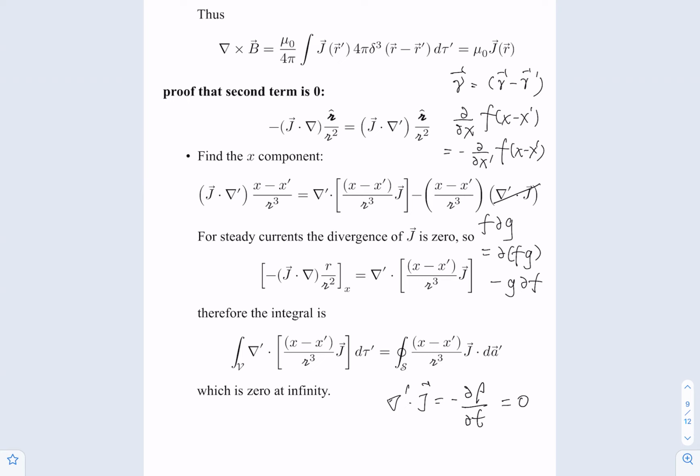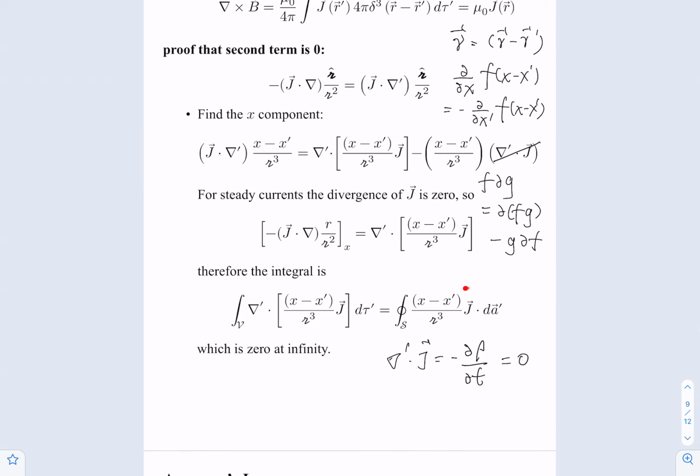Because we are looking at a finite size source, at infinity this j must go to 0, so on the right hand side this eventually goes to 0, because we can consider infinitely large integration.